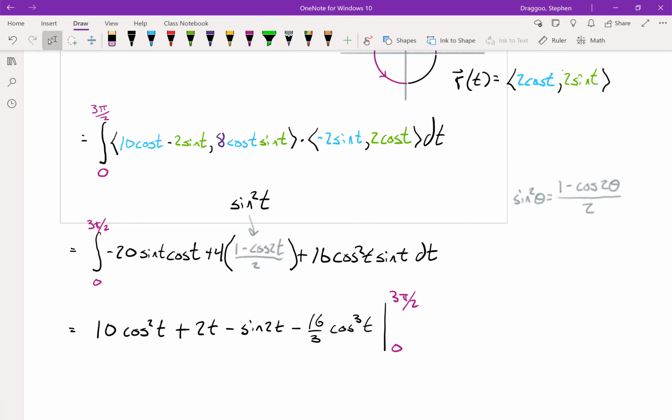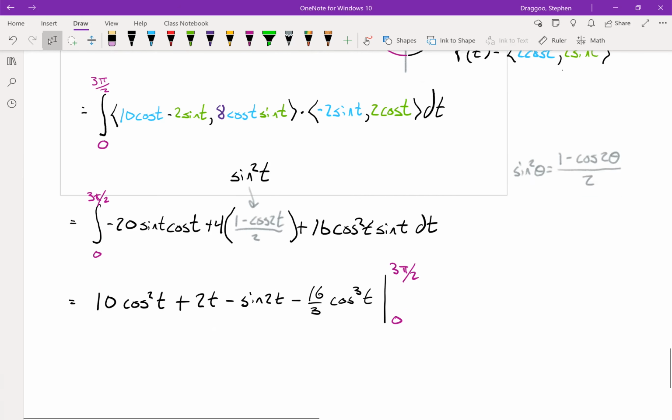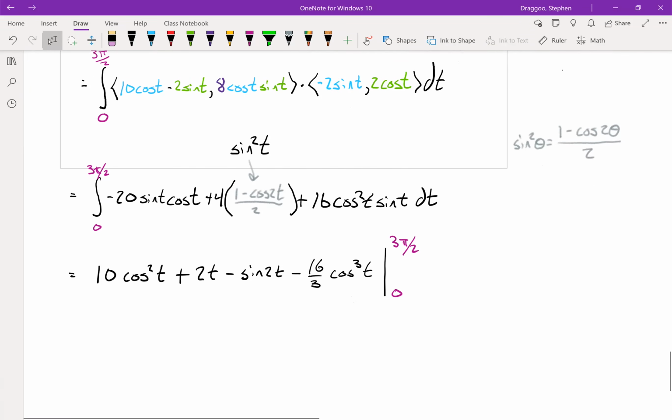And the sine of 3 pi is also going to come out to 0. So at 3 pi over 2, all three of our terms come out to 0, with the exception of 2t. 2t times 3 pi over 2 will be just 3 pi. And we'll have to subtract from that whatever happens when we plug in 0.